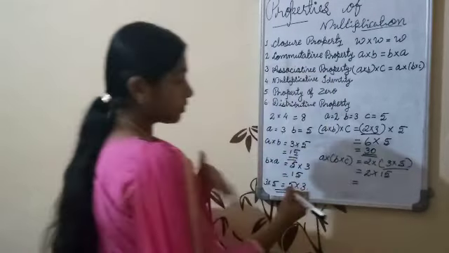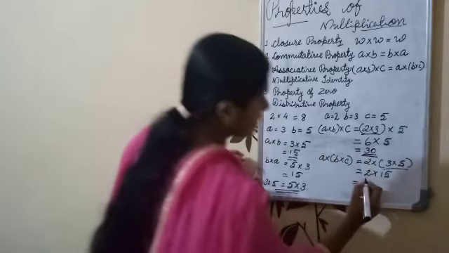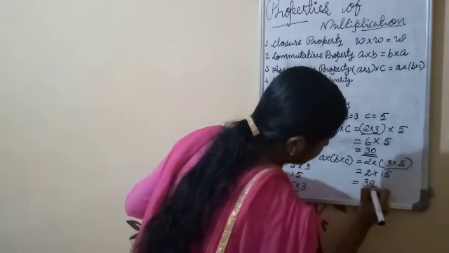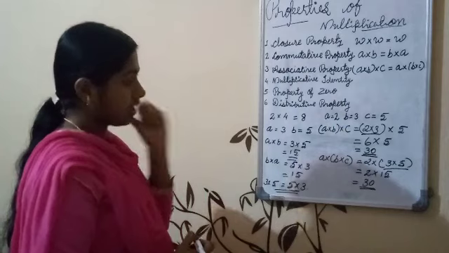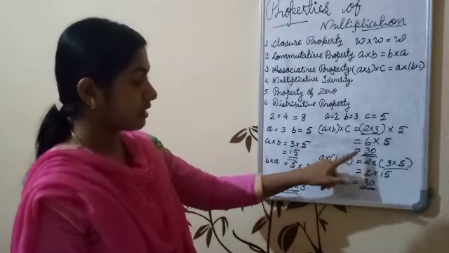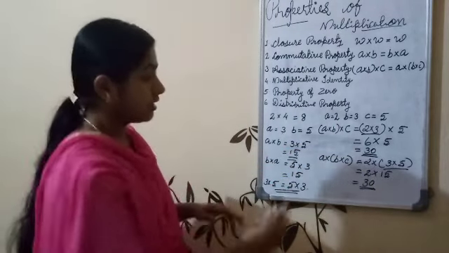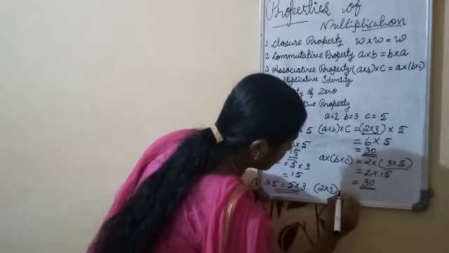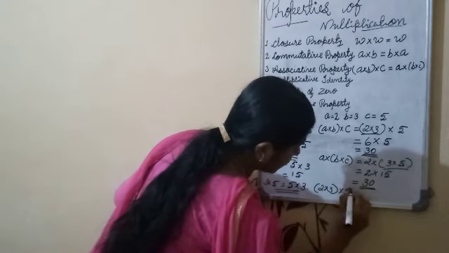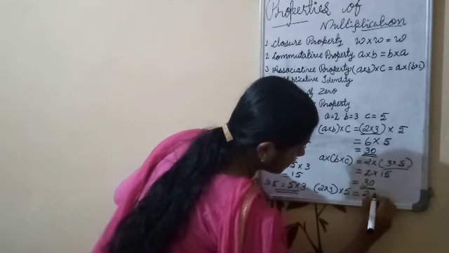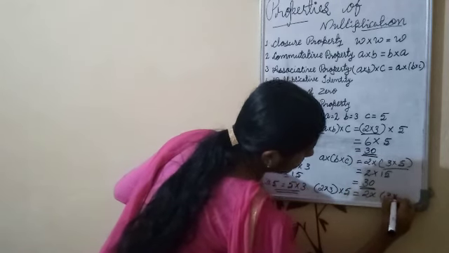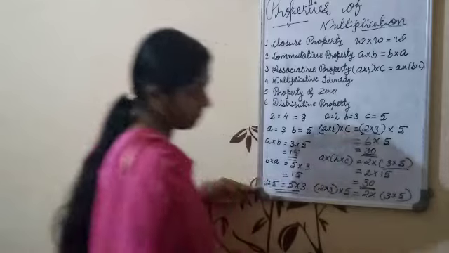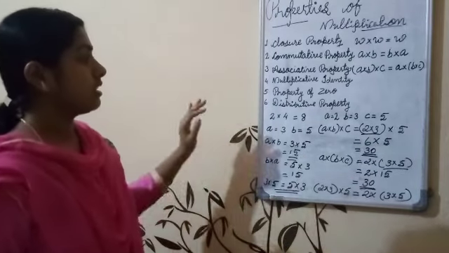That's equal to 2 into 15. That's equal to 30. Here (a into b) into c equal to 30, and here this also 30. Therefore (2 into 3) into 5 equal to 2 into (3 into 5).